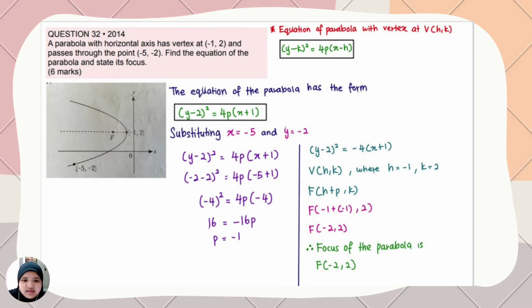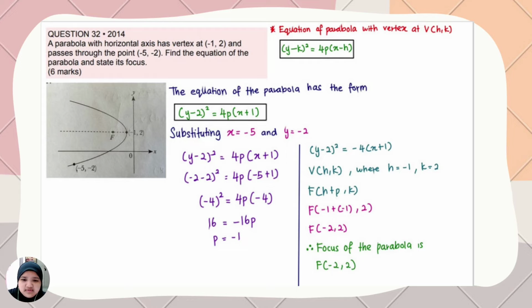And then to get the focus, we look back at the formula, which is (h plus p, k). As we can see, we don't have the value of p, so we substitute x equals -5 and y equals -2 into the equation of the parabola.